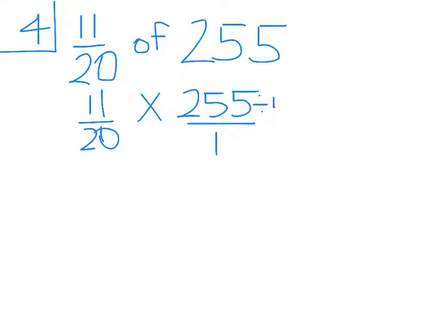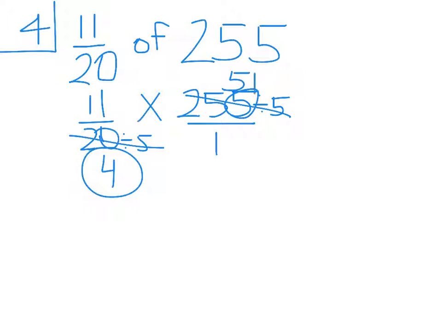I know that there's a number that goes into both 255 and into 20, and I divide them both by 5. So I get 4 for this one, and then 255 divided by 5, you can do that pretty quickly. 5 goes into 25 5 times, and then it goes into this 5 once, so you end up with 51. Go ahead and divide that out if you're not sure.